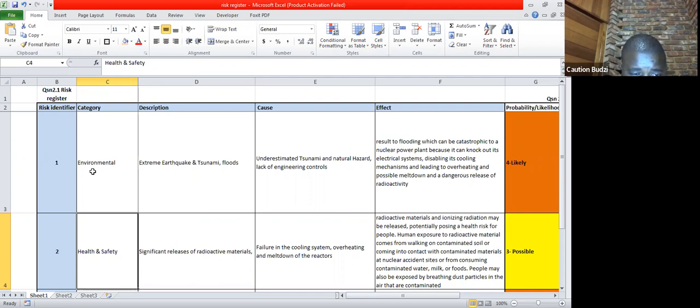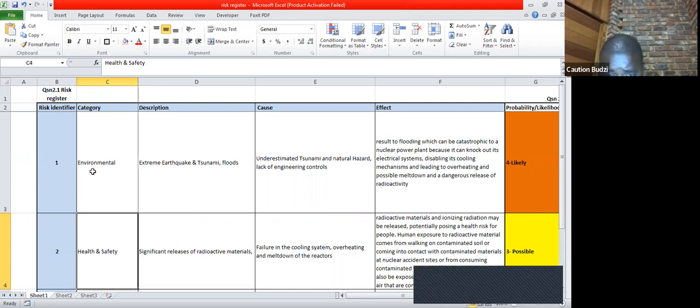So this risk is a significant release of radioactive materials into the environment, which can cause health hazards to employees and the public. Mainly this risk is caused by failure in the cooling system or overheating and meltdown of the reactors.